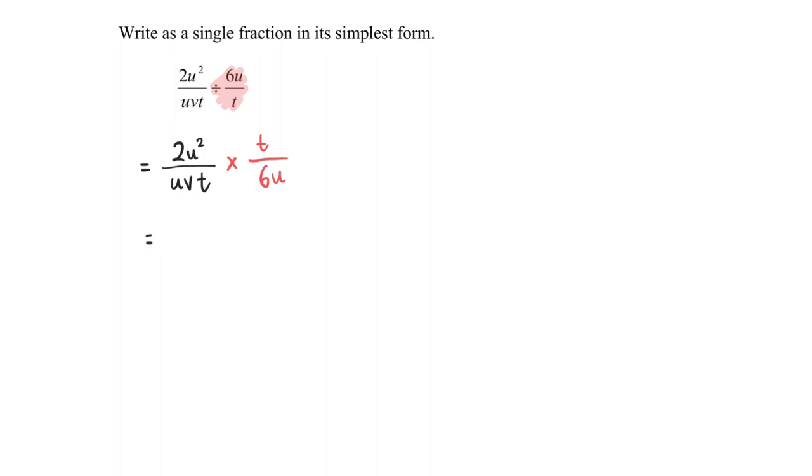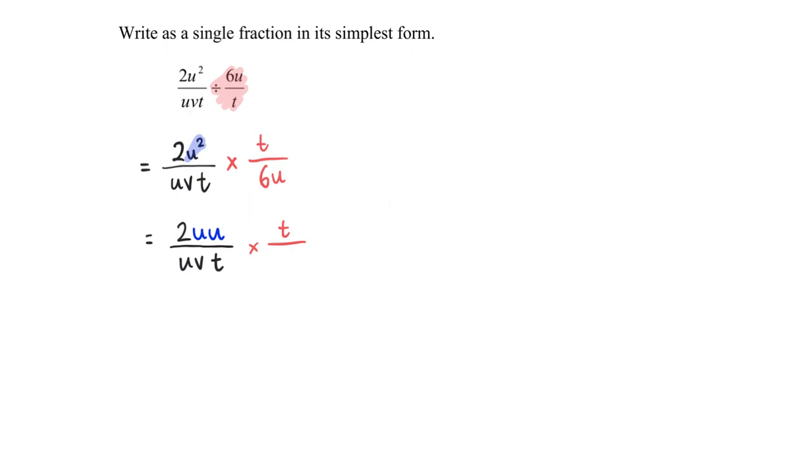Okay, so Mr. Tan would rewrite u square as u times u, still over my uvt, still multiplying by t over 6u, and actually my 6 I will not write as 6 anymore.